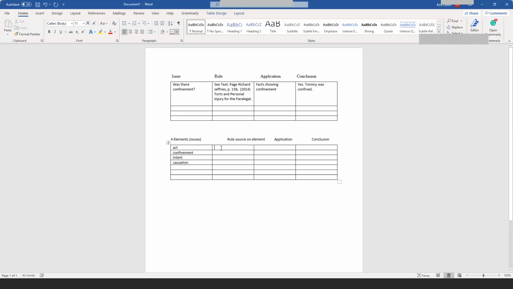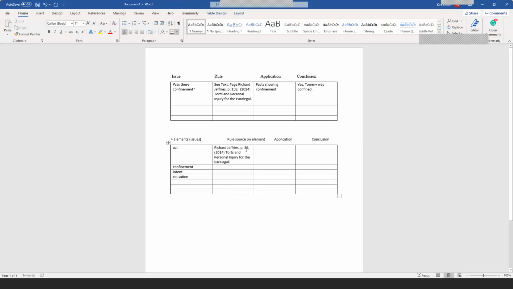And the rule source, we would need to use the same page for all of them, page 158. Supra page 158, which just means, well, basically all the other citations would be the same.